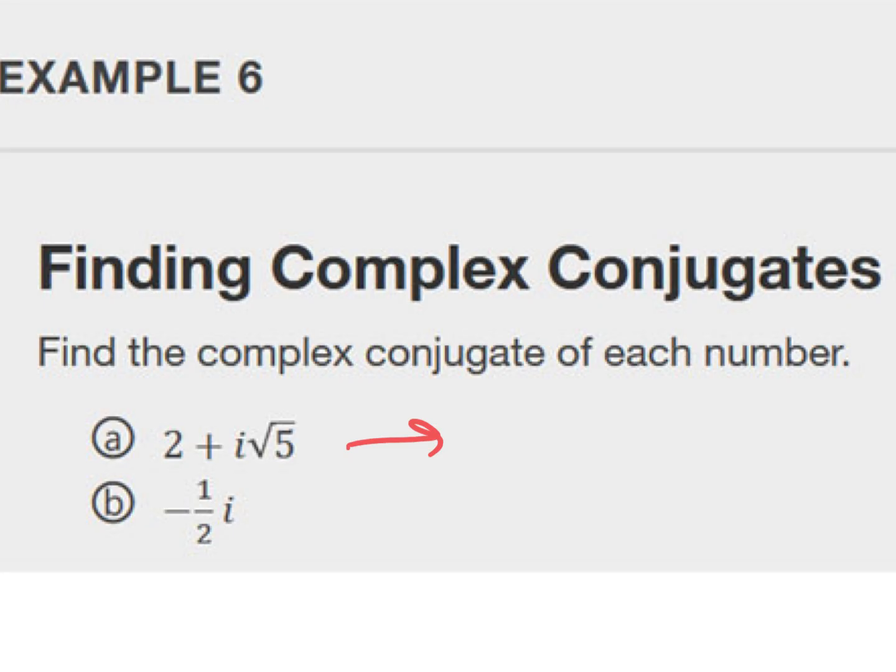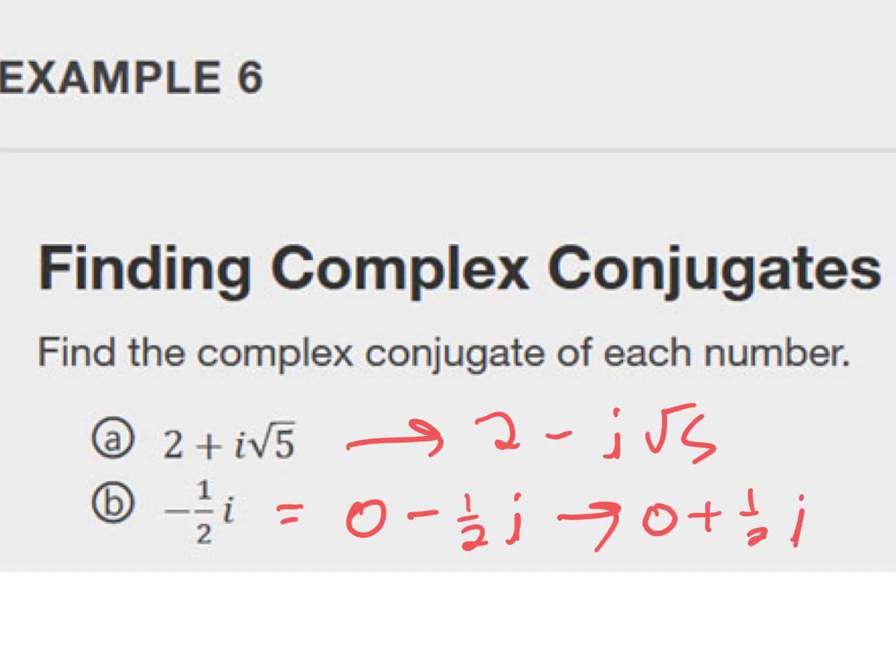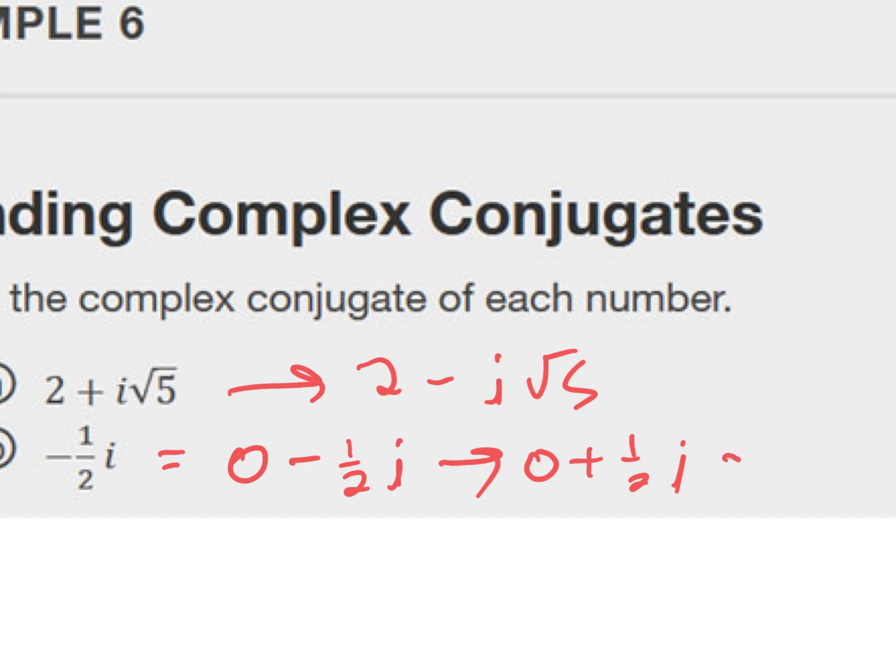But anyway, the conjugate is 2 minus i square root of 5. And since this one, the real number must be a 0 minus 1/2 i, the conjugate would be 0 plus 1/2 i, which we would just write as positive 1/2 i.